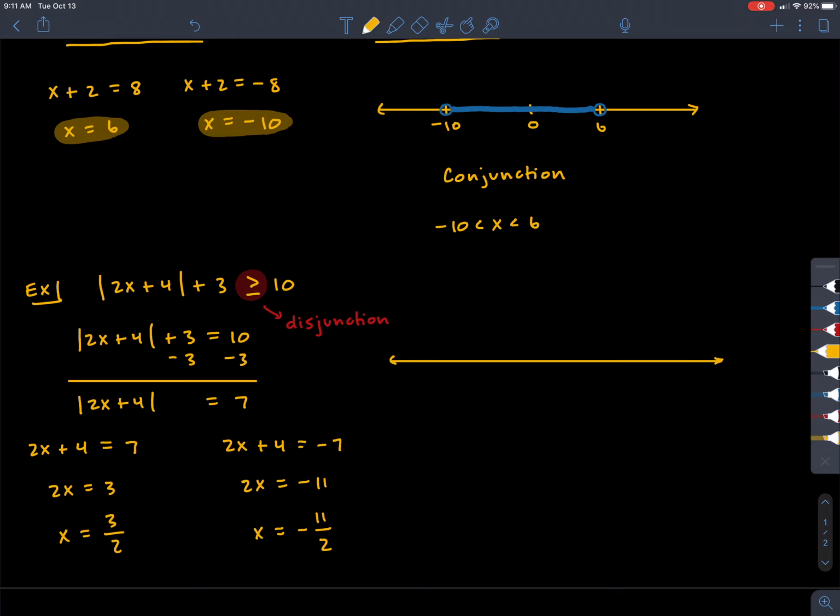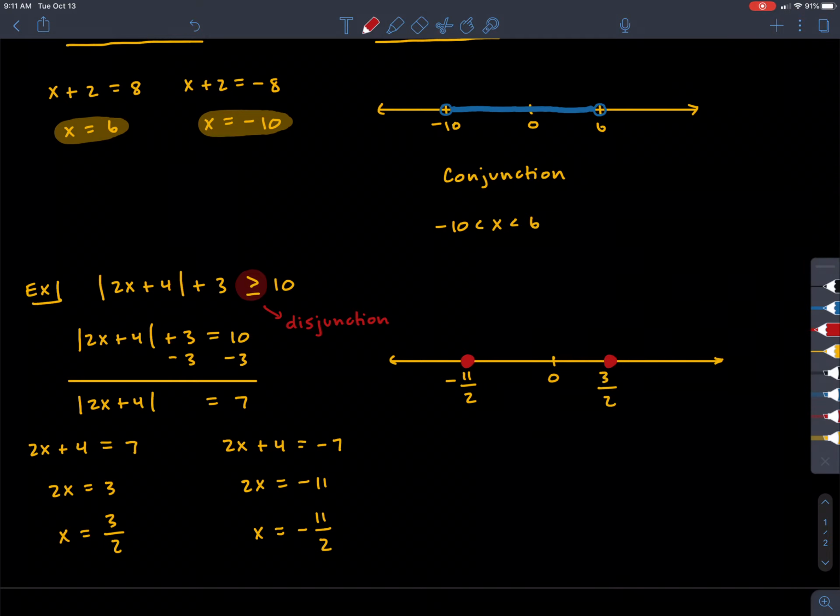So on my number line, here is 0. Let's say 3 halves is here, and negative 11 halves is here. So I'm going to place closed circles at those 2 points. They are closed circles because we are greater than or equal to.